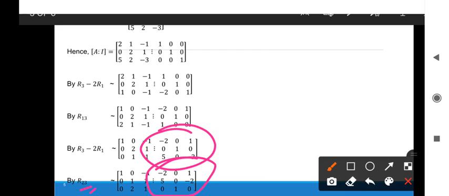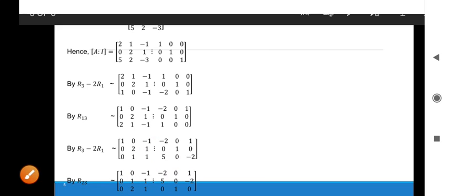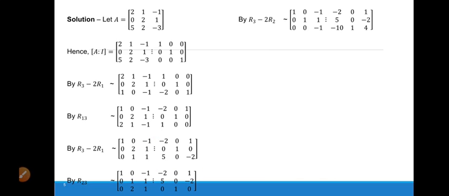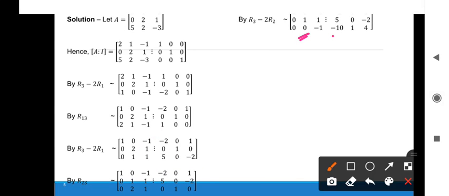Okay, now our aim is to make this element as 0 using this 1. So for this, the row operation required is obviously R3 minus 2R2. So with this operation we have got here 0, and simultaneously the elements are also changed in the matrix after this colon.